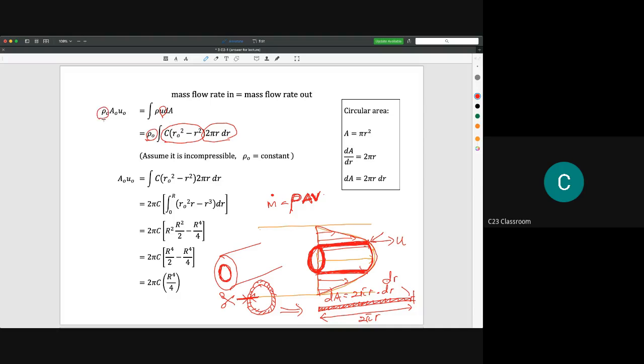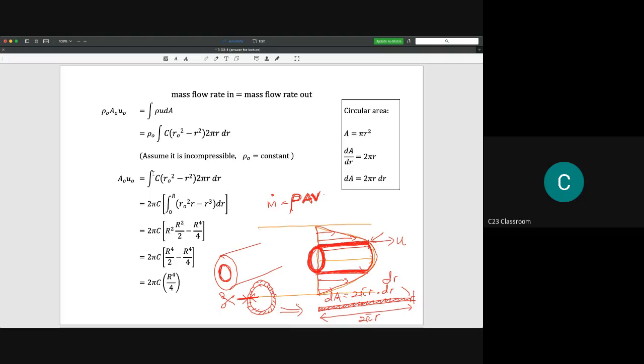If we assume it is incompressible, we can take rho naught as a constant, and so we can neglect the density here. So this is our equation now.